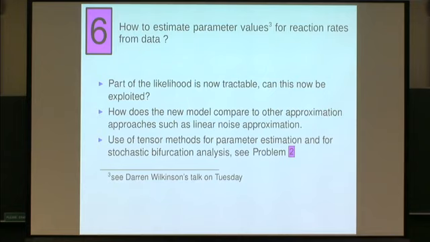But it would be very good if we can use some of this knowledge to help in estimating parameters for chemical systems coming from experiments. Again, there is someone who is much more expert than me on this topic: Darren Wilkinson, who's going to speak on Tuesday.